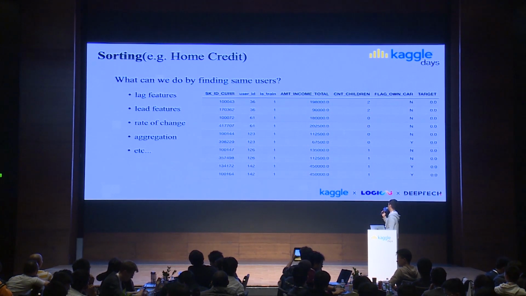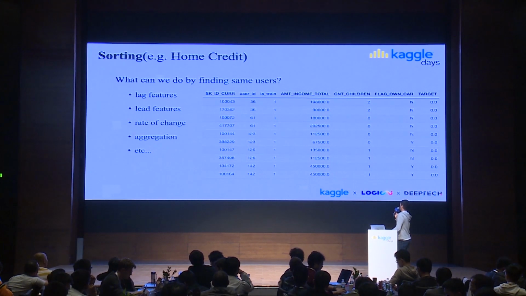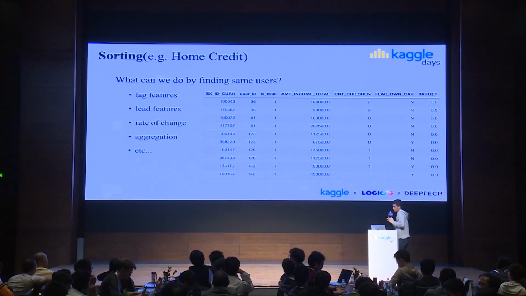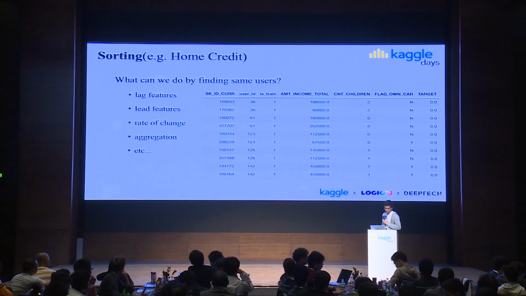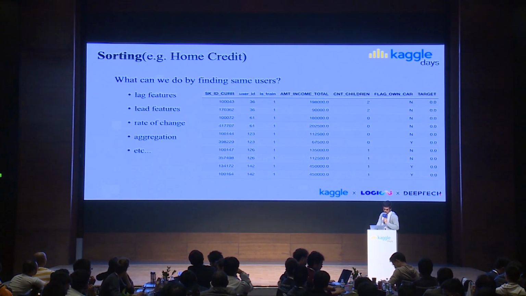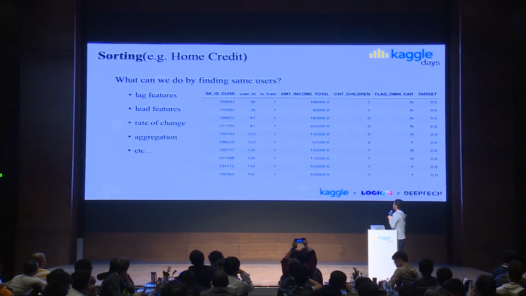When we get this information, what can we do by finding the same users? We can do these things: lag features, real features, rate of changes, aggregation, and so on.